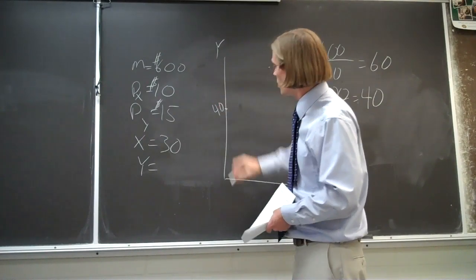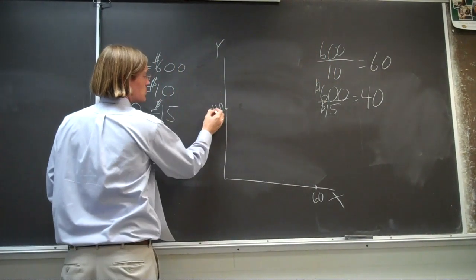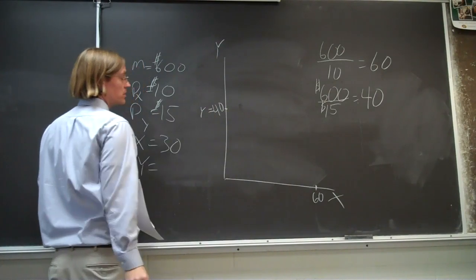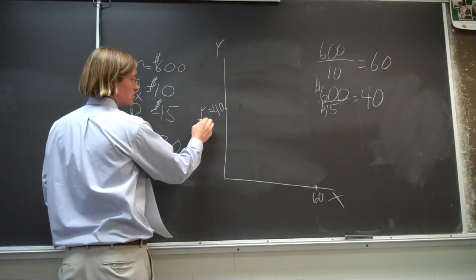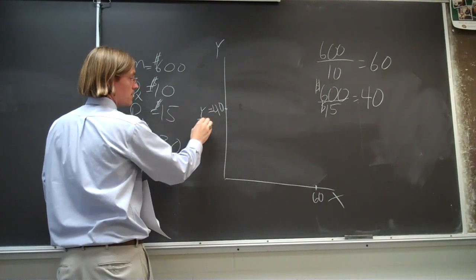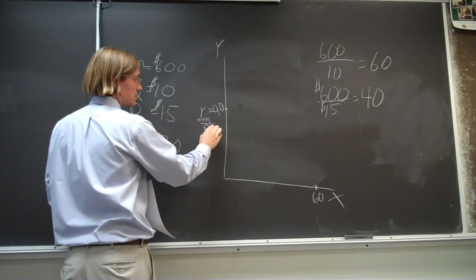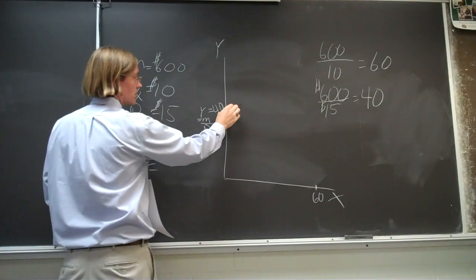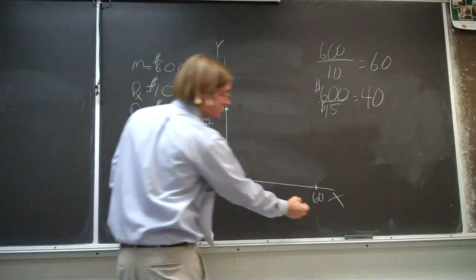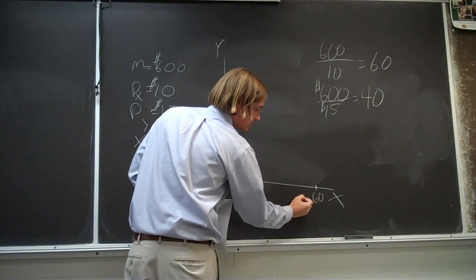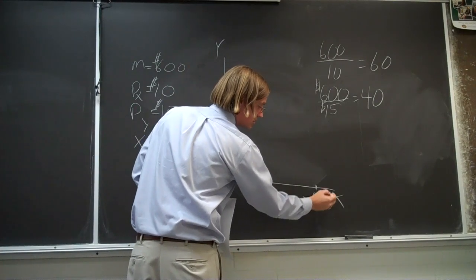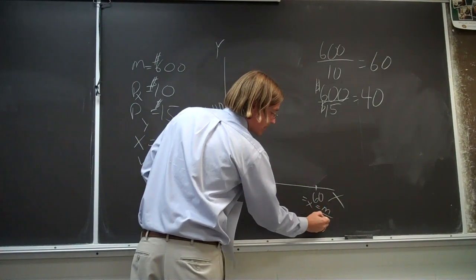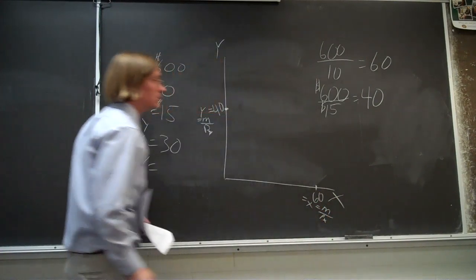That's equal to our income divided by the price of Y. Down here, 60 is equal to X, and it's equal to our income divided by the price of good X.